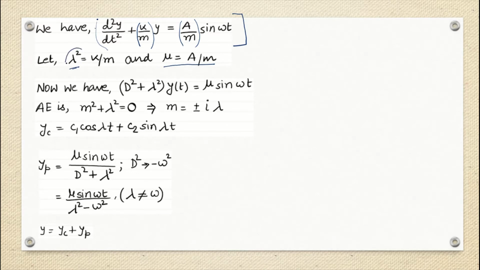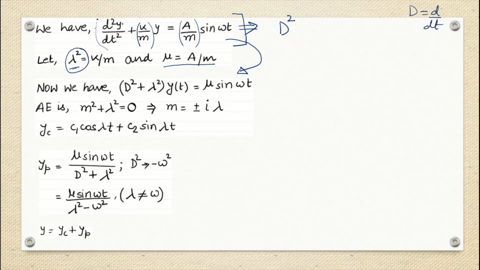Writing lambda square is for the simplicity of the question, and it will make the calculation easier. Now we rewrite this differential equation in operator form. d2y by dt square is nothing but D square y, where capital D is d by dt.